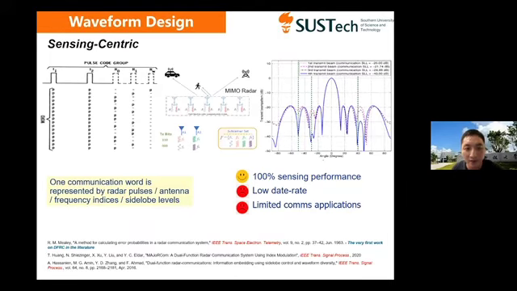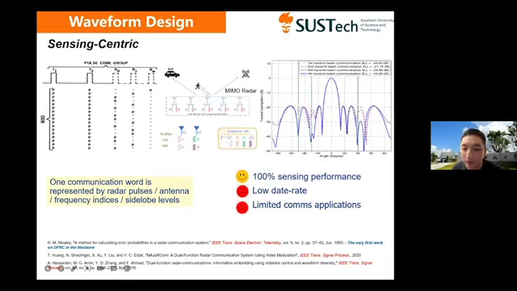One is sensing-centric. This means we design an ISAC waveform based on a pure sensing waveform, for example a radar waveform. We embed the communication bits in the radar waveform, but in that case we can only achieve limited communication performance, while we can guarantee almost 100% sensing performance. So these are some classical sensing-centric designs.